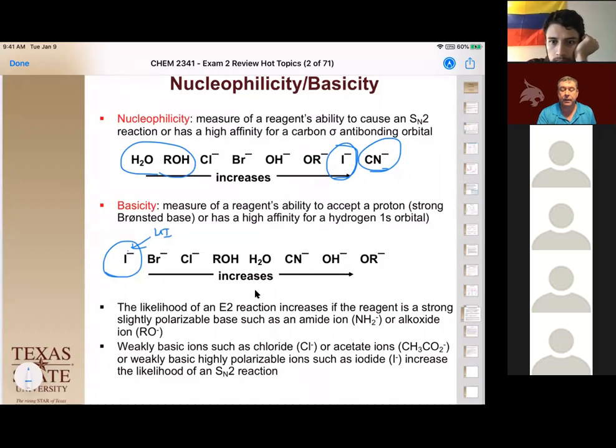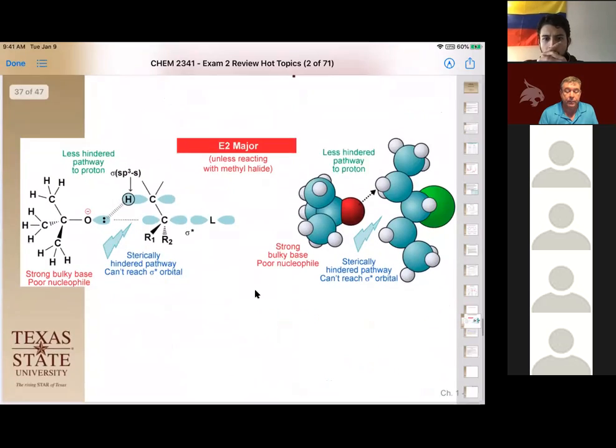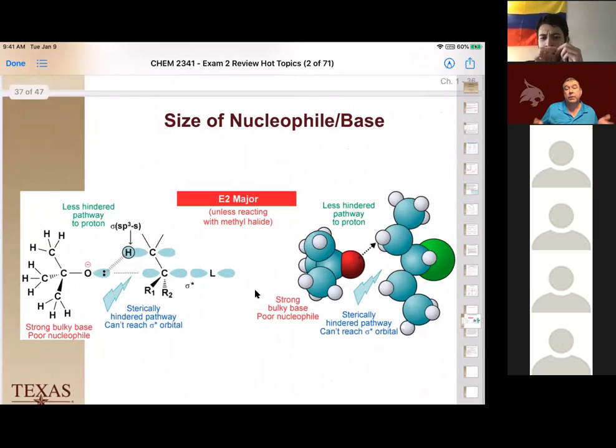Keep that in mind and try to get that kind of ordered in your head. Weak nucleophiles can be things that have very small charges, are non-polarizable, or have charge shared over multiple atoms. Then we have to think about the size of the nucleophile.